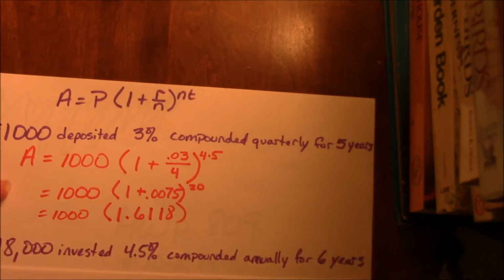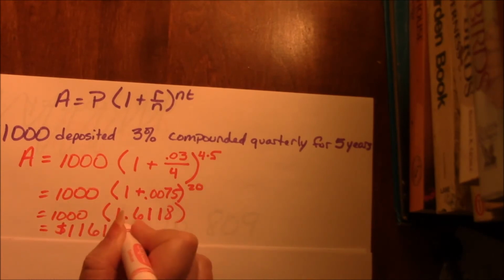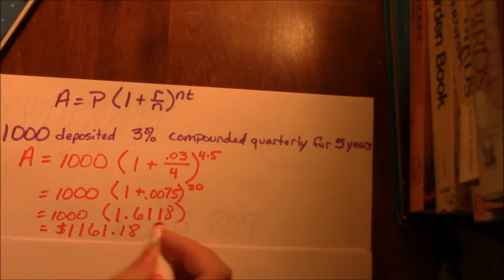And that gives us $1,161.18. And that's why I went through all of the decimals I did, because you want to take it out to the nearest penny.